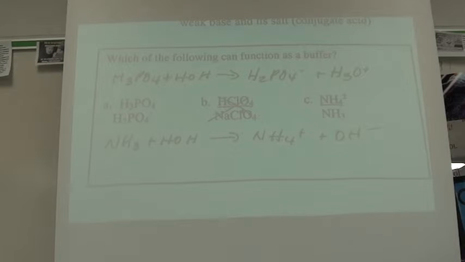If I add an H+, will it be this that keeps the pH? Will this neutralize the strong acid, or will this take care of the strong acid? The conjugate base will take care of the strong acid.